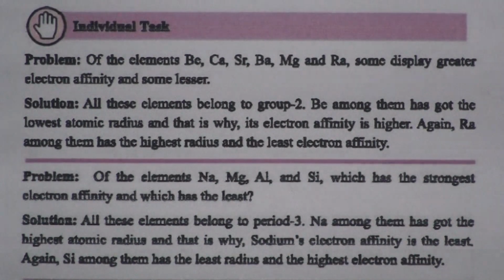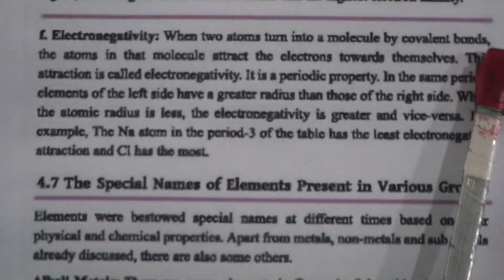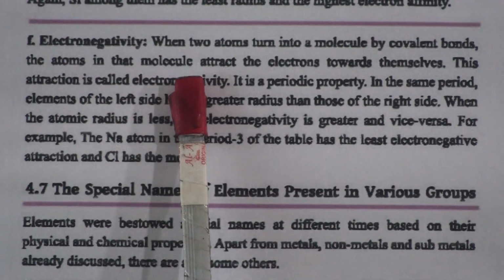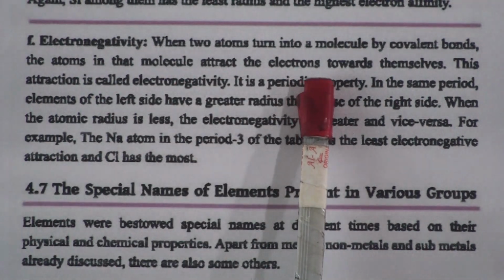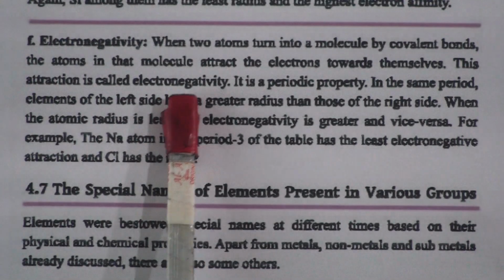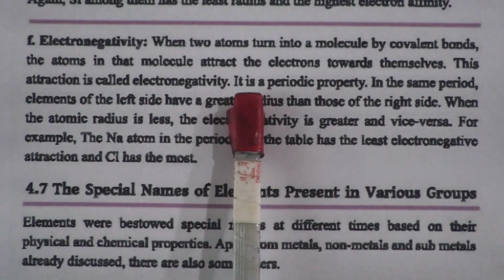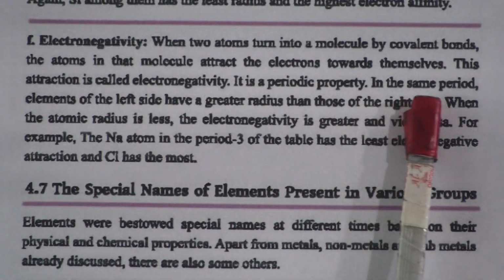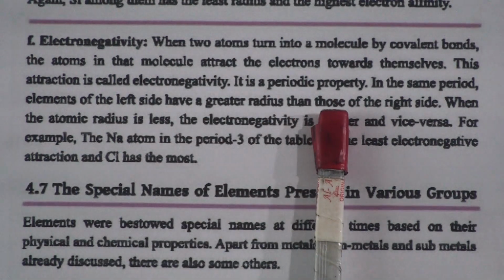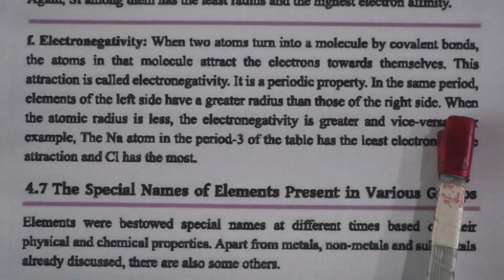Now come to electronegativity. When two atoms turn into a molecule by covalent bond, the atoms in that molecule attract the electrons towards themselves. This attraction is called electronegativity, and it is a periodic property. In the same period, elements on the left side have a greater radius than those on the right side.